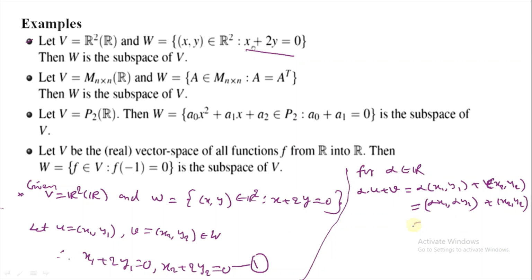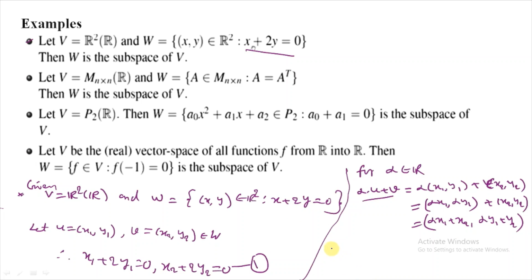So now the sum of two vectors is again a vector. This one: alpha (x1 plus x2), alpha (y1 plus y2). This is alpha dot (u plus v). Now, suppose this vector belongs to W, it must satisfy this condition.